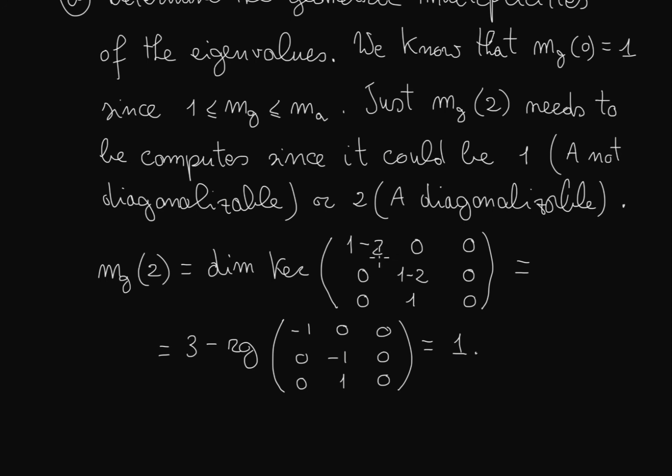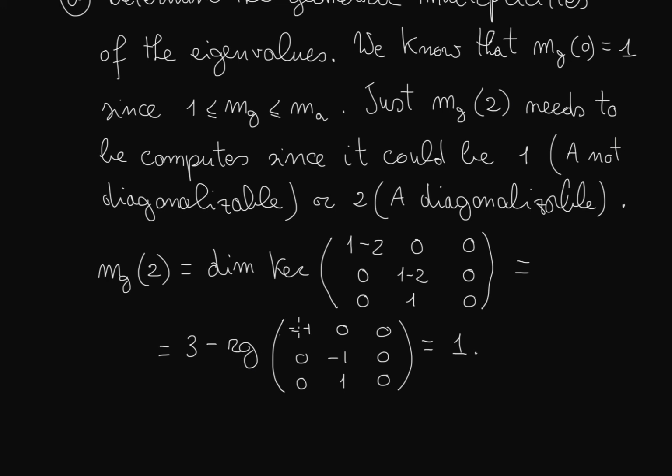And therefore, this rank cannot be maximal. In this case, it could have been 2 or could have been 1. If the rank of the matrix were 1, then the matrix would have been diagonalizable, because 3 minus 1 would be 2, and that would be the geometrical multiplicity.